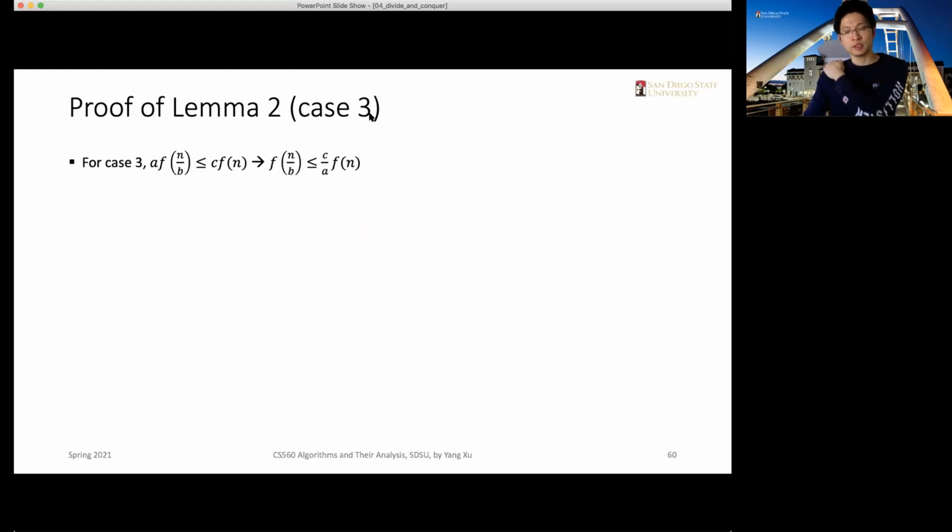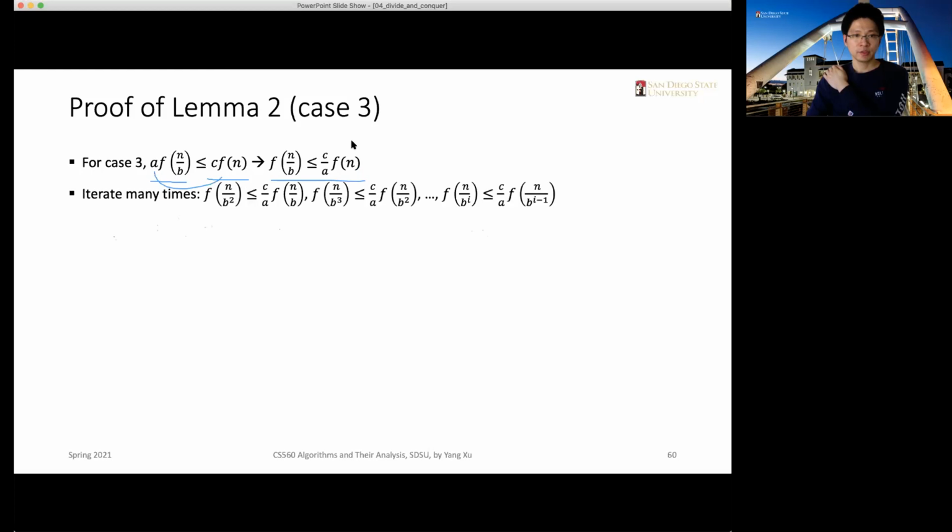The regularity condition says a times f of n over b should be smaller than this one, which means we move the a to the right, it will be like this, and we substitute the n with n over b to each side.